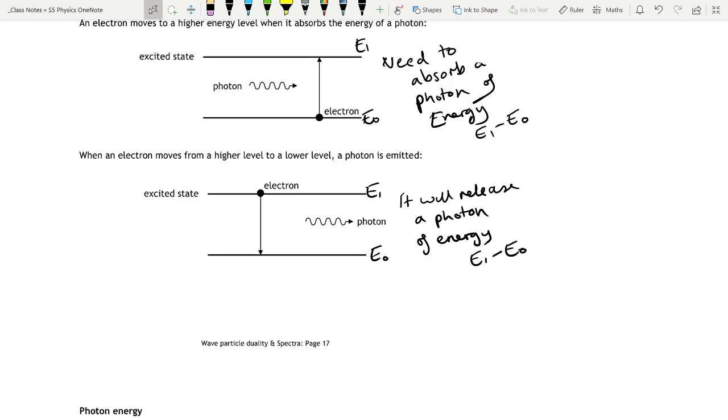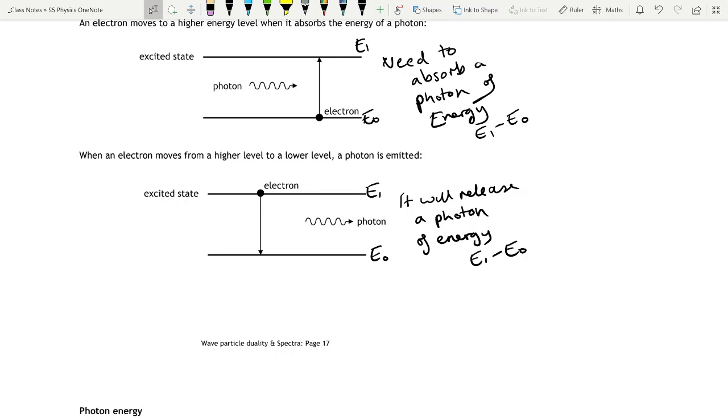And these two things correspond to the different spectra. When they absorb a photon, that's where you get the line absorption spectra. So you get the black lines along this continuous spectra; they're the photons that have been absorbed.